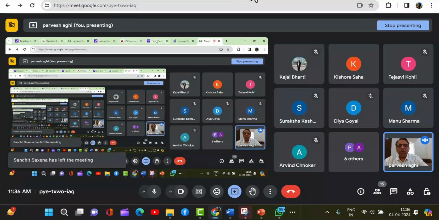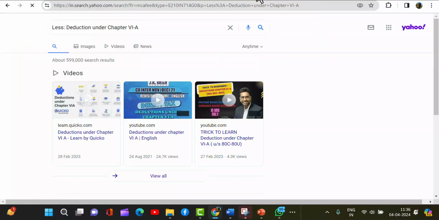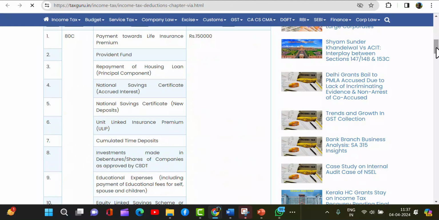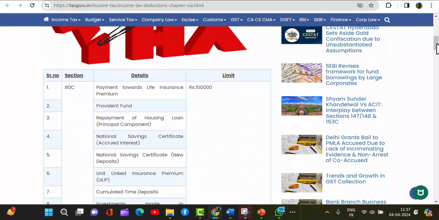So which I have already shown here. So you can see, this is the same thing. So section 80C, are you able to see that on your screen? Yes, sir. So 80C, read all of that.